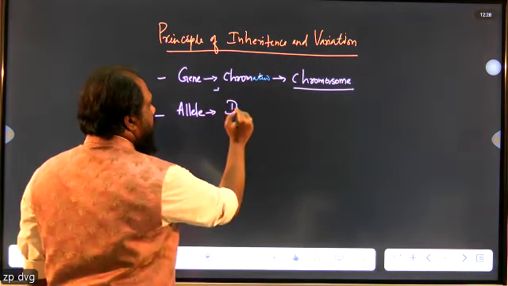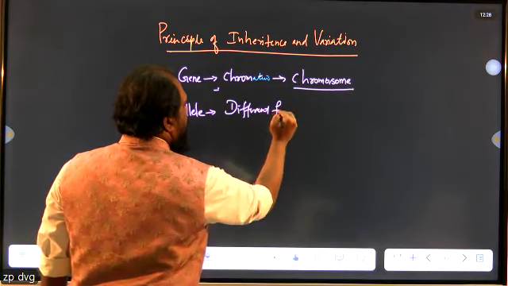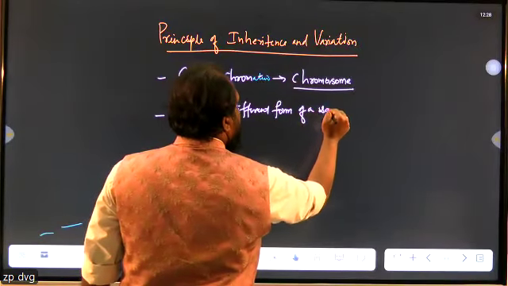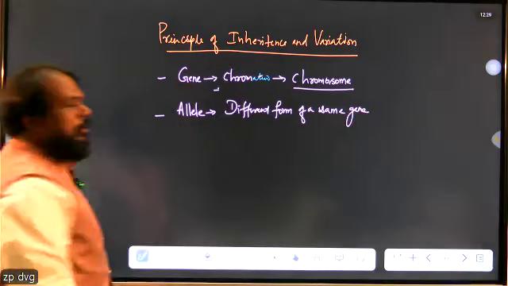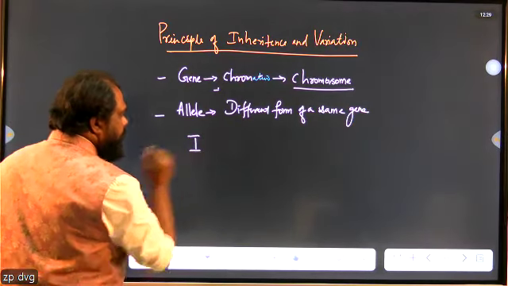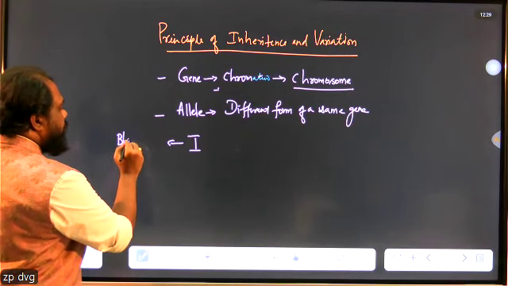The definition says an allele is a different form of the same gene. For example, take gene I, which is responsible for the blood group.